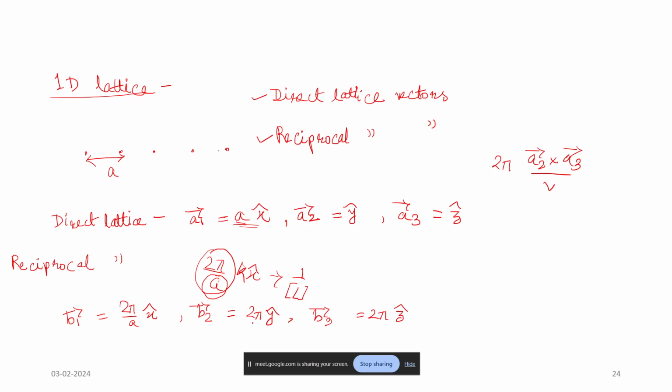Here you can see there is no unit for this, whereas this has a unit of length.